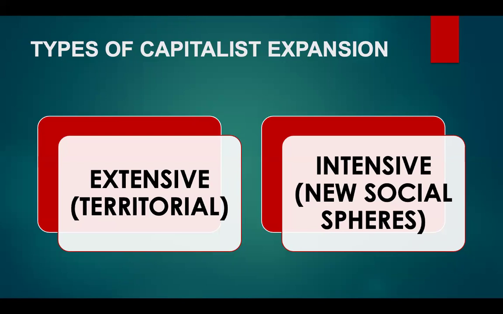Expansion often involves introducing new goods, financial systems, and wage labor. Some examples can be European colonialism from the 15th to the 19th century, as we mentioned earlier. The Americas, Africa, and Asia were brought into global capitalist trade through plantations, mining, and cash crop economies. Another example is the scramble for Africa, 1880s to 1914.